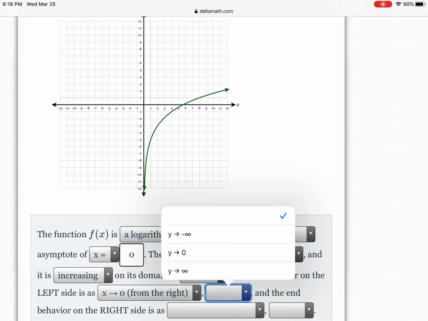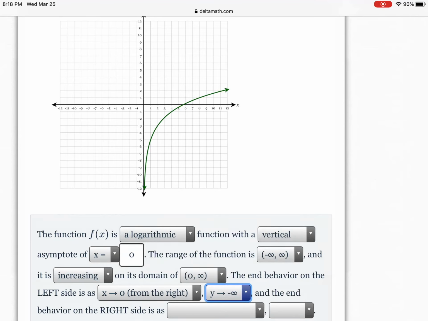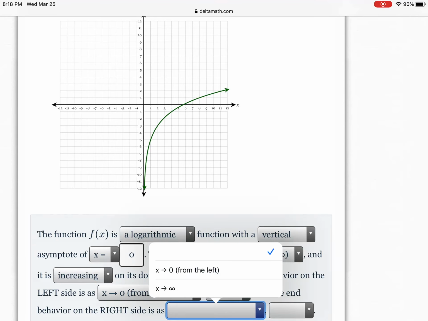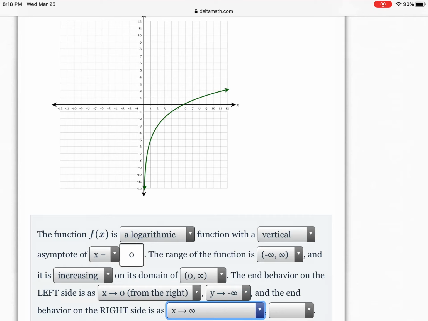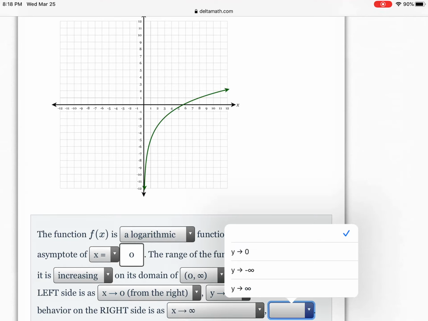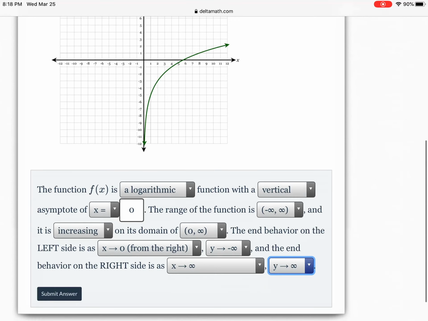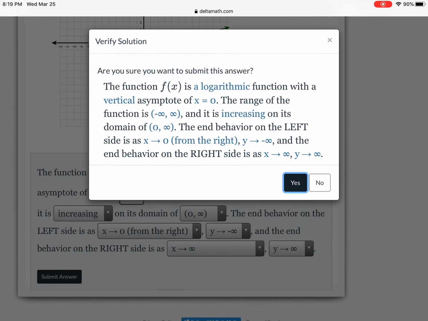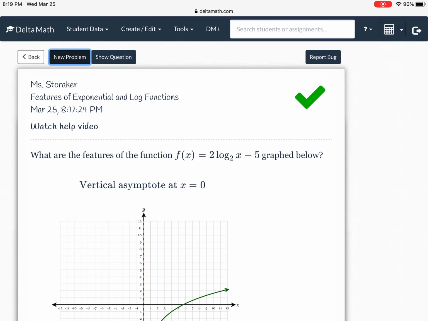On the left-hand side, the farthest down it goes is negative infinity. On the right-hand side, the farthest to the right it goes is infinity. On the right-hand side, the farthest up it goes is infinity. Submit my answer, yes.